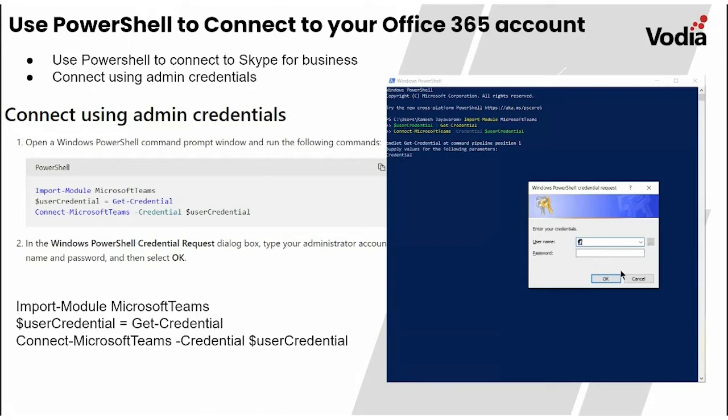As you can see here, I have a PowerShell script. This is also available in our documentation. All you have to do is open a PowerShell, copy and paste this into the PowerShell, and you'll have a prompt to request the PowerShell credentials to go into Skype for Business. Once that is done, you will be able to go forward and create the voice policy for the user.